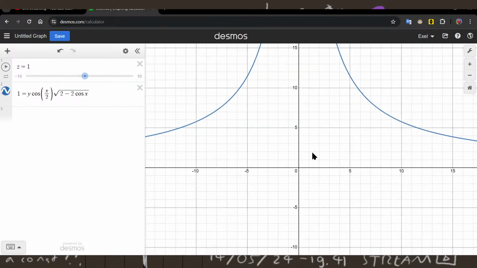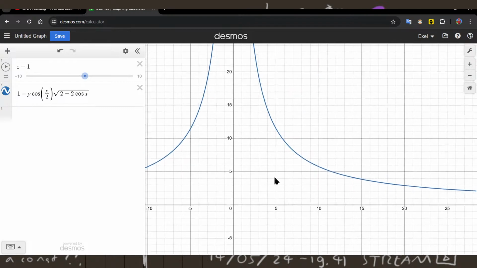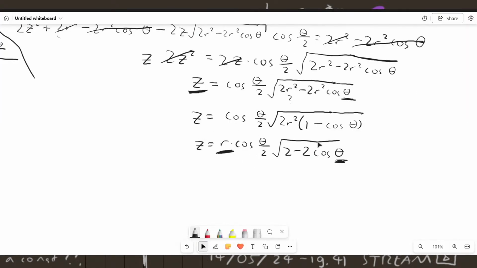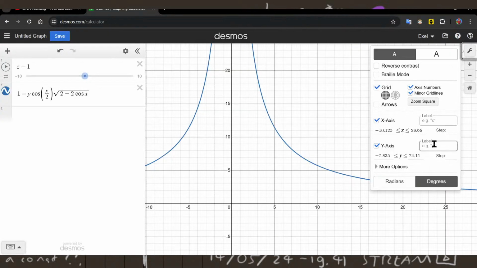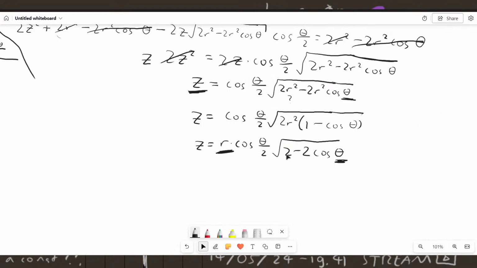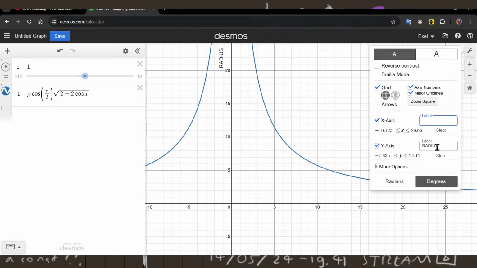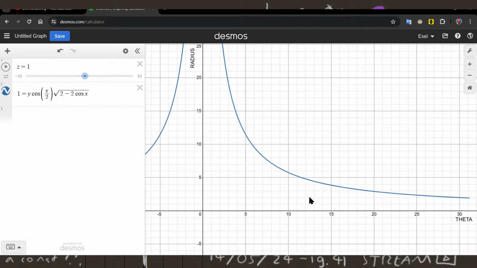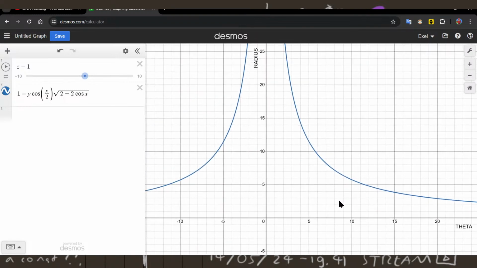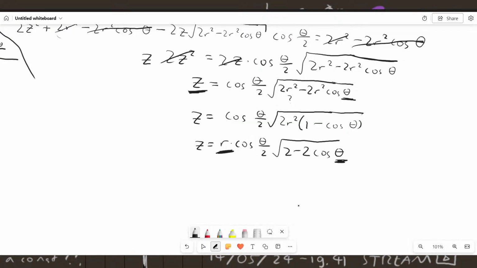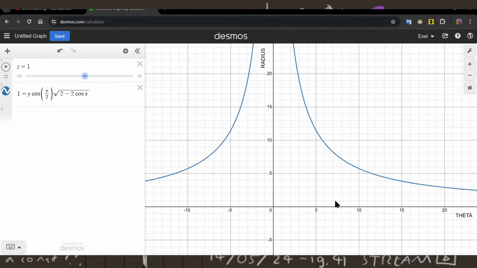wow, okay, something's happening. So y is, hold on. What is y? Y is the r, so this is the radius. The x-axis is the angle, theta. So as theta decreases, radius increases. Does that make sense? Theta increases, radius increases.